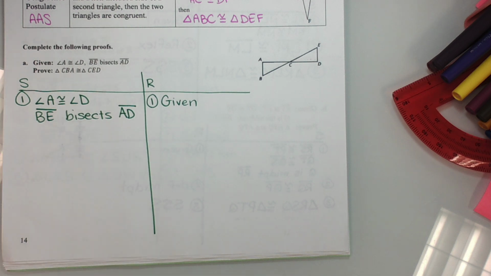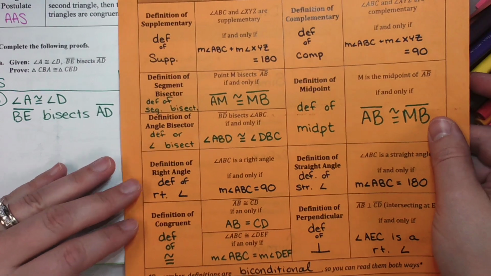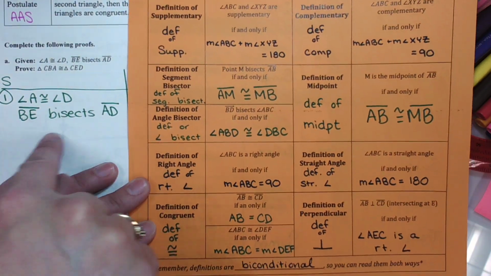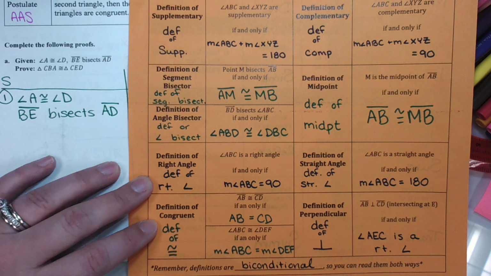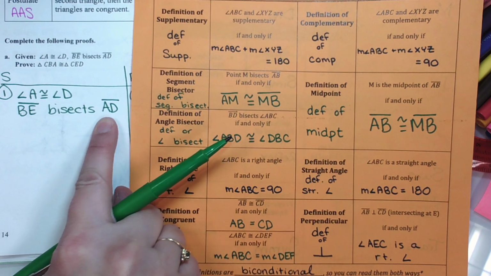Orange. Orange holds bisect. There's 2 different versions of bisect. There's segment bisect and angle bisect. Is this a segment bisector or an angle bisector? Segment or angle depends upon the second thing, the thing that it says bisects this thing. In other words, this. Is that an angle or a segment?